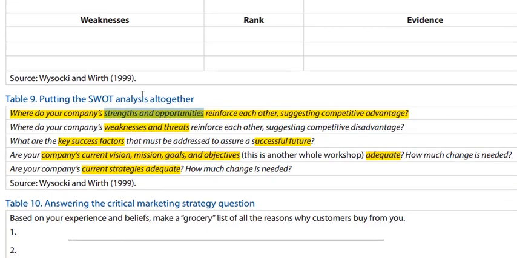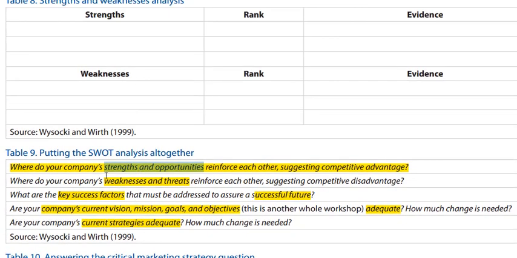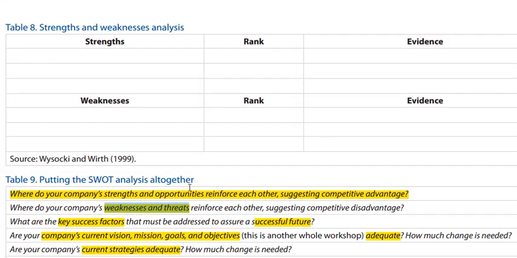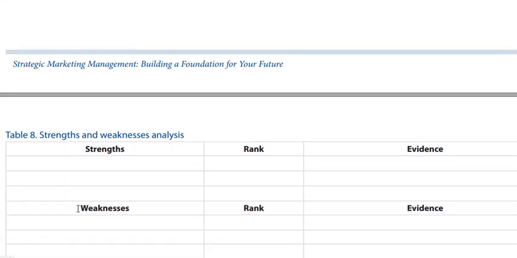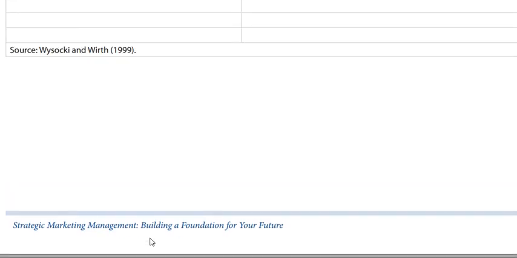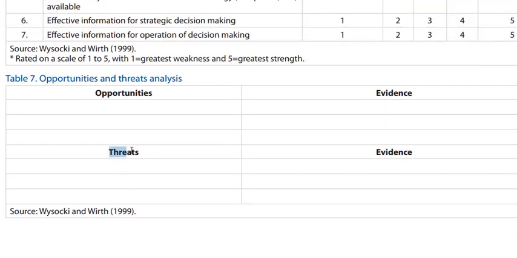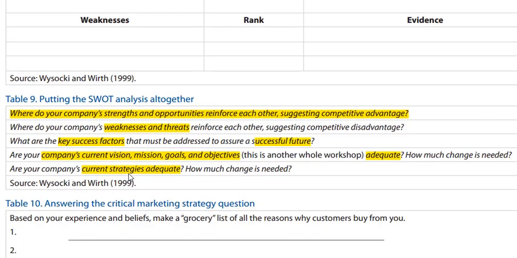Similarly, we will compare weaknesses with threats, that is, which weakness can give you more in terms of threat, and that is combating the available threat against the firm.